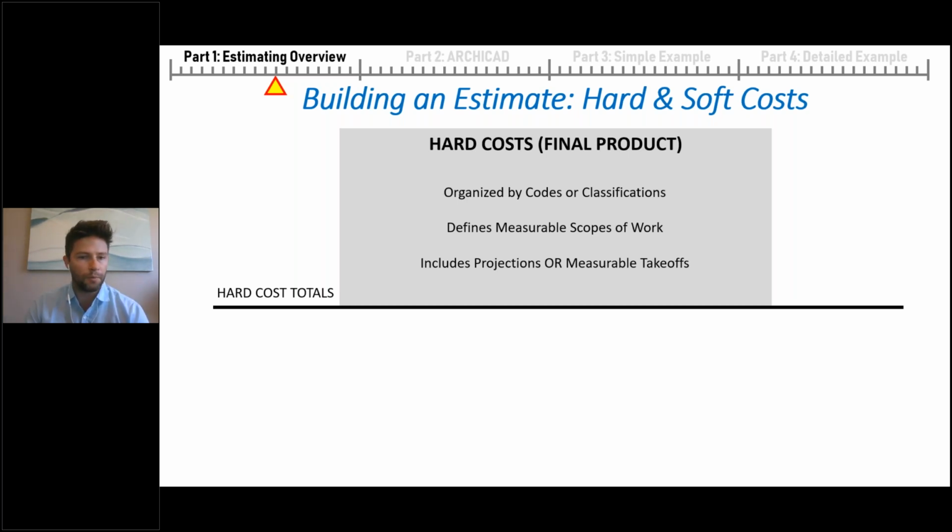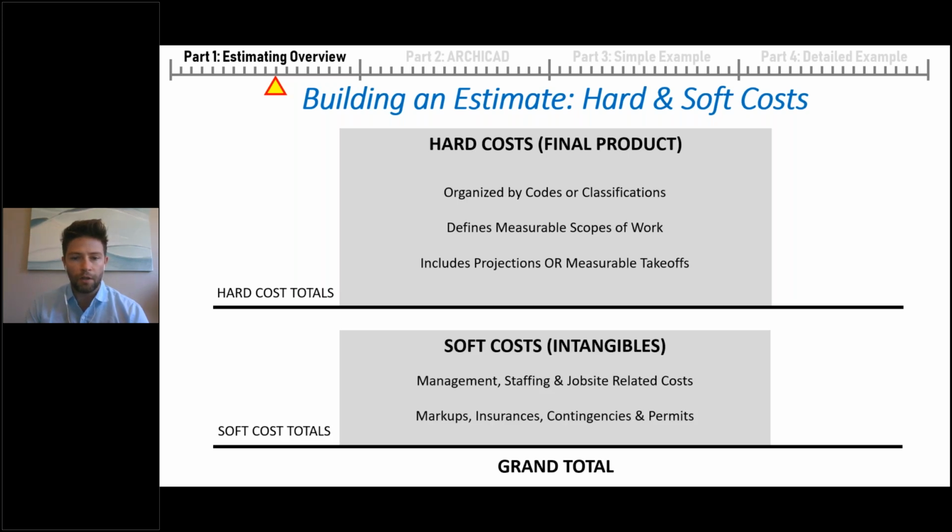So this is something that develops over time. We also have soft costs, which are the intangibles, the costs associated with staffing a project, with on-site management, with job-related expenses, as well as the different markups that we might need to include for insurances, for different contingencies, for design fees, for pre-construction fees, and so on.